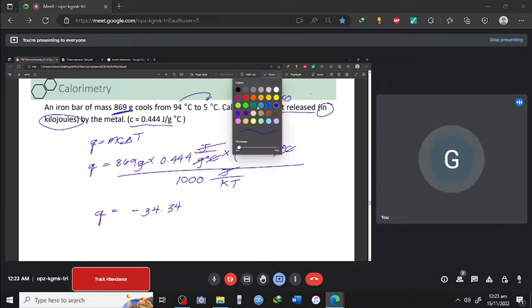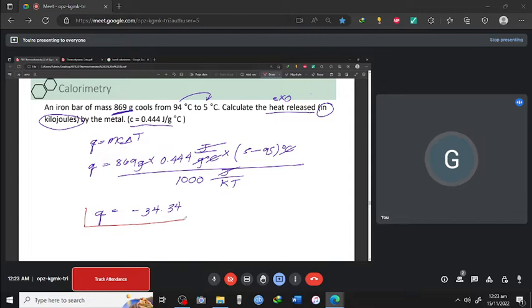So, anong implication ng negative sign dito? Ang implication ng negative sign na heat na nakalculate natin dito is that the system actually undergo an exothermic process. So, dahil nagkaroon tayo ng exothermic process dito, which is sabi nga dito, nagkaroon ng heat release yung system natin, we expect that the answer should be negative. Okay?